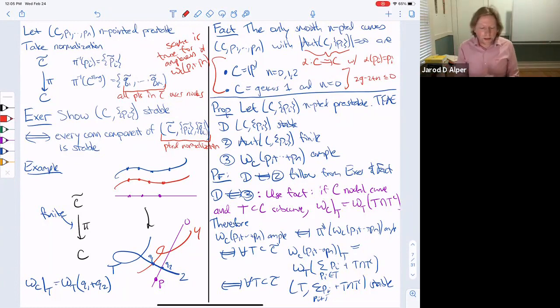So this just boils down to a numerical condition, because we know the degree of the dualizing sheaf is 2g minus 2, where you twist by these points n. The only way that it cannot be ample is if the curve is P1 with 2 or fewer marked points, or genus 1, in which case the dualizing sheaf is trivial. Right, so I think that wraps up these three conditions.